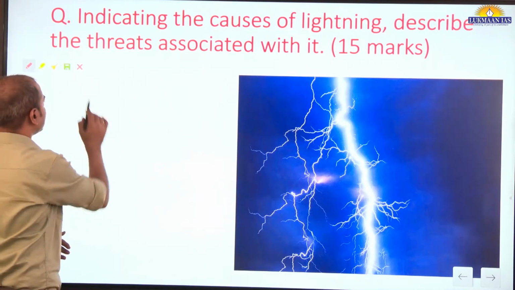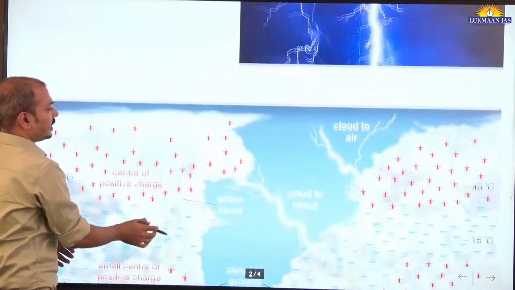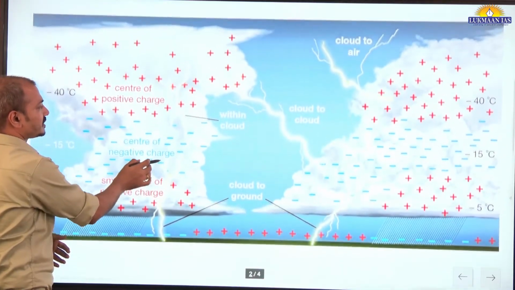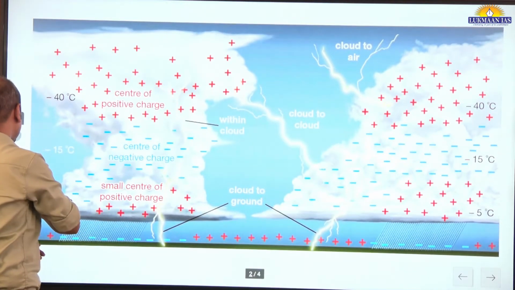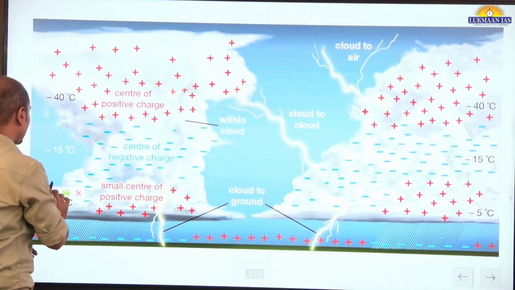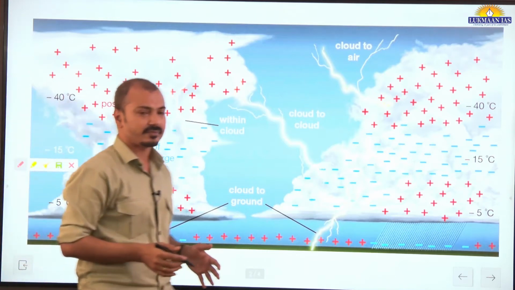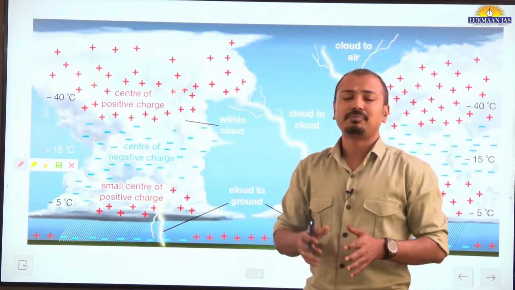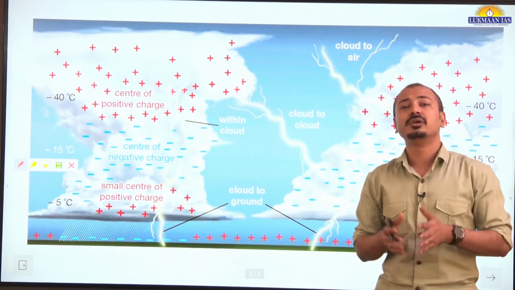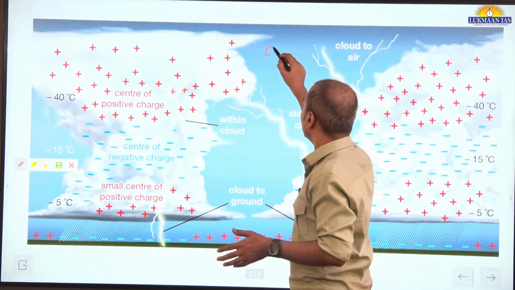So what is this lightning phenomenon all about? From this diagram it is very simple to understand. Largely, thunderstorm is associated with lightning, and thunderstorms happen in cumulonimbus types of clouds.